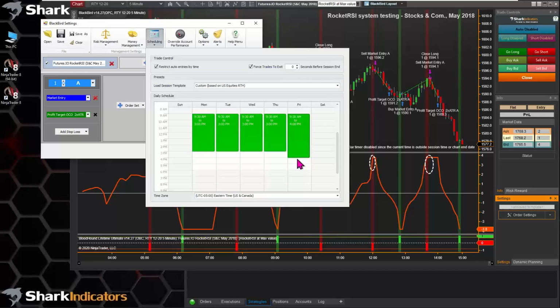I can cut off that last hour of the day. Actually, I don't want to shift it up, I want to make that block smaller. There we go. I basically trimmed off the last hour of every day.